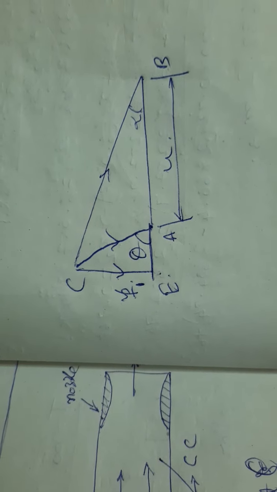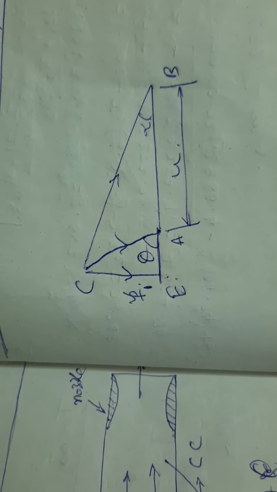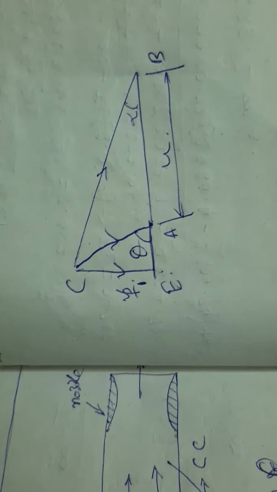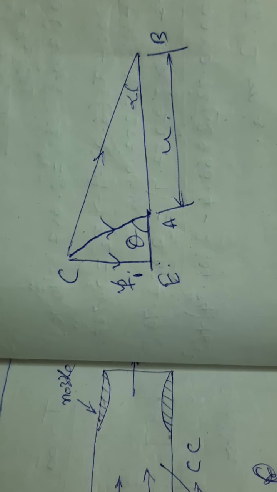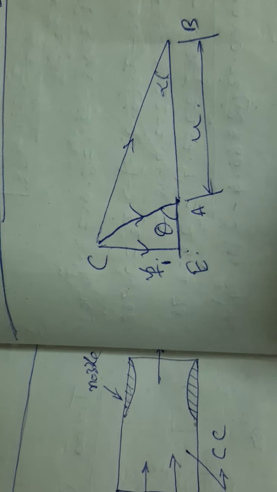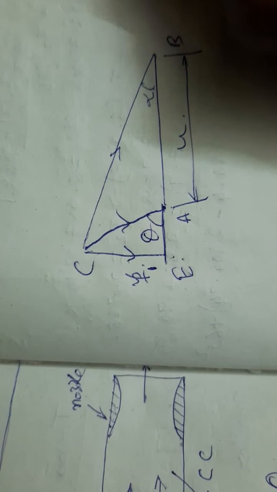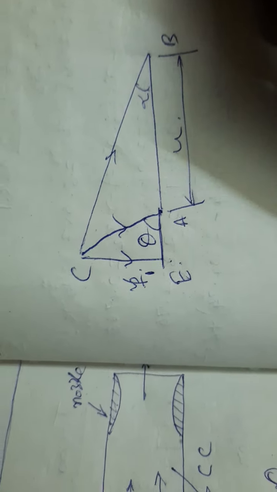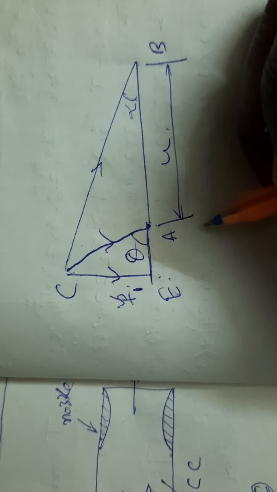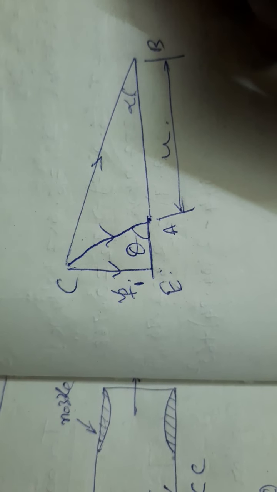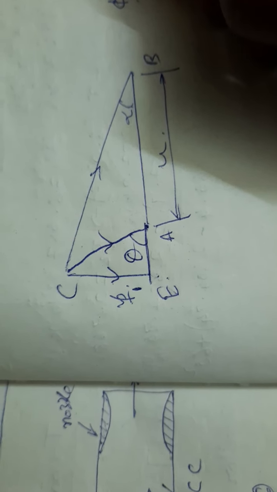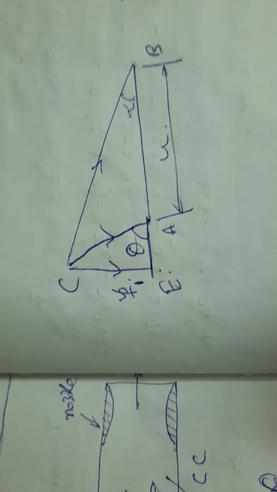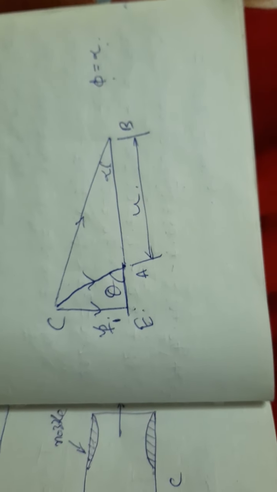Now the inlet velocity triangle is completed. Now at A, draw a line AD at an angle phi. Here phi is equal to alpha. So in the case of the reaction turbine, the outlet blade angle is equal to the inlet absolute velocity angle. Why? Because in a reaction turbine, we have fixed blades attached to the turbine casing.